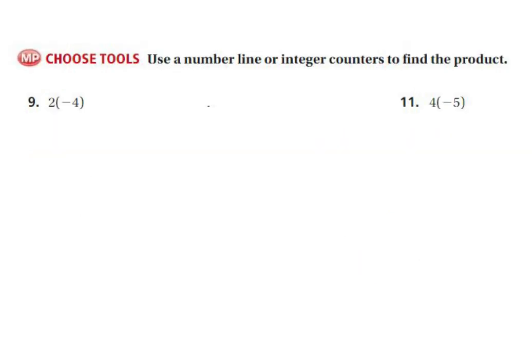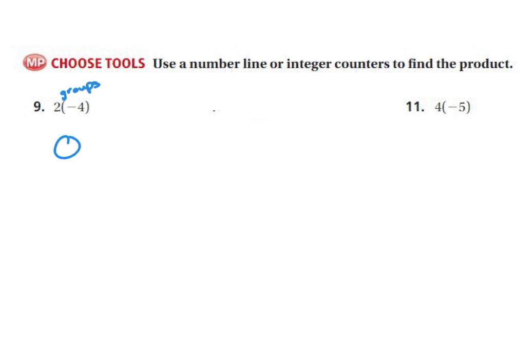For numbers 9 and 11, use a number line or integer counters to find the product. 2 stands for groups, and negative 4 is how many integer counters, or how many times we'll jump. Okay, so if we do integer counters, we have 2 groups, and each group has 4 negatives.